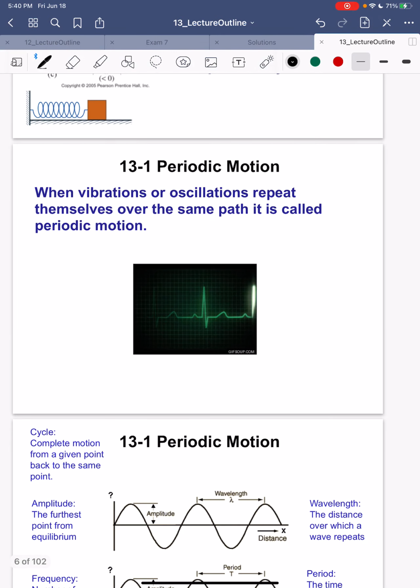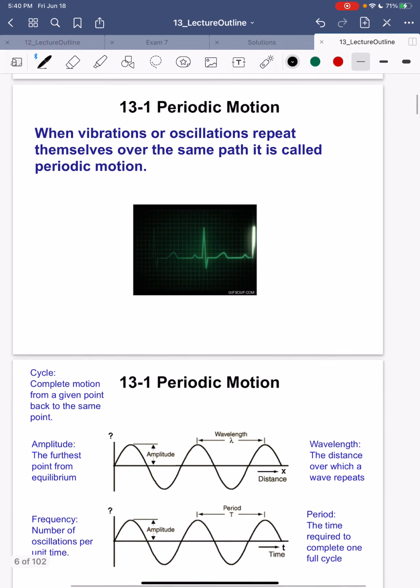When oscillations or vibrations repeat themselves over the same path, it is called periodic motion. It is just repeating itself.